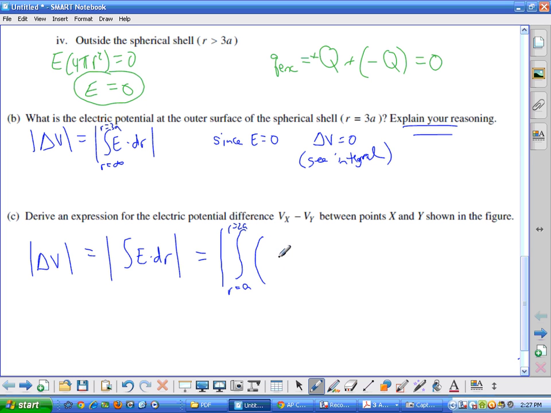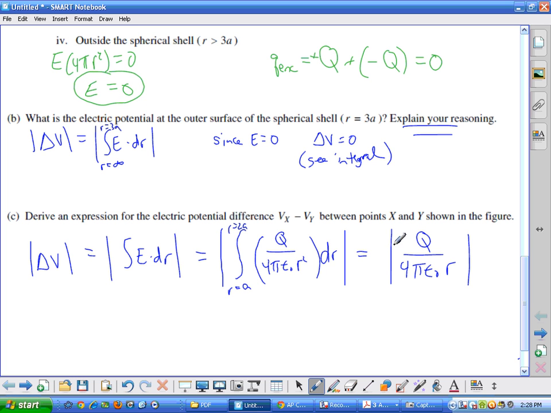And this was the integral of q over 4 pi epsilon 0 r squared dr, which, again, is the equation for the voltage of a point charge. So this is the absolute value of q over 4 pi epsilon 0 r. Again, this integral would have been negative.